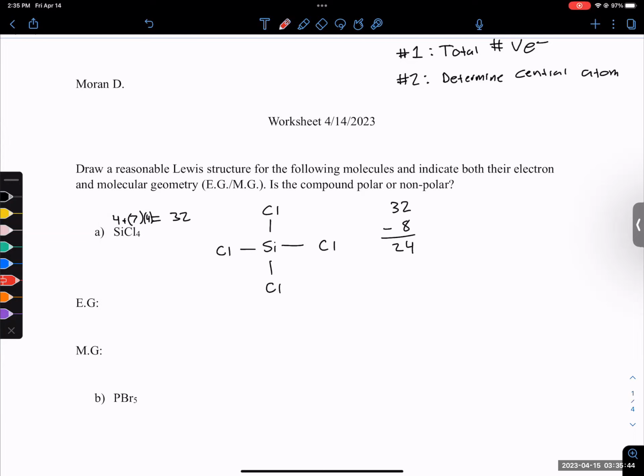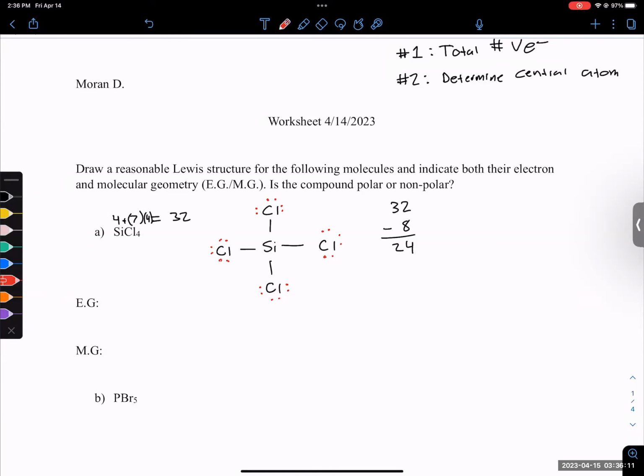So 1, 2, 3, 4, 5, 6, because it already has 2, so I need 6 more to complete its outer shell. In filling out those lone pairs, we ended up using 6, 12, 18, 24 valence electrons.